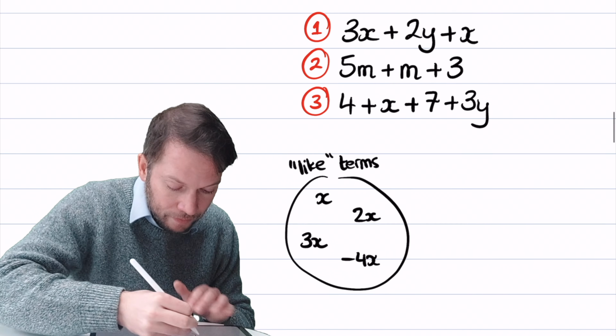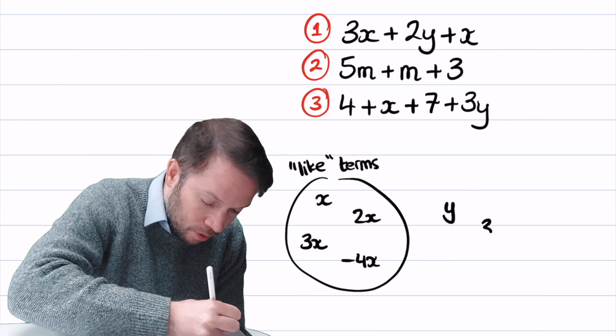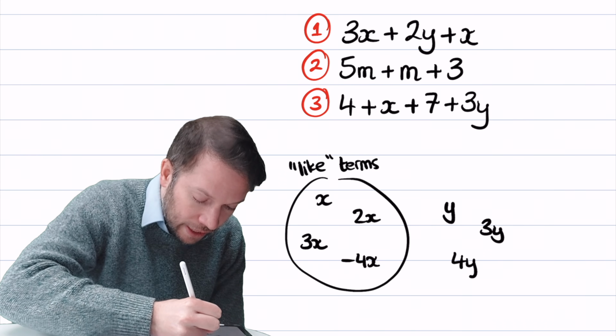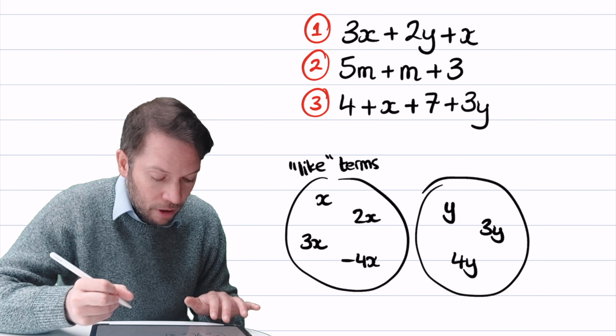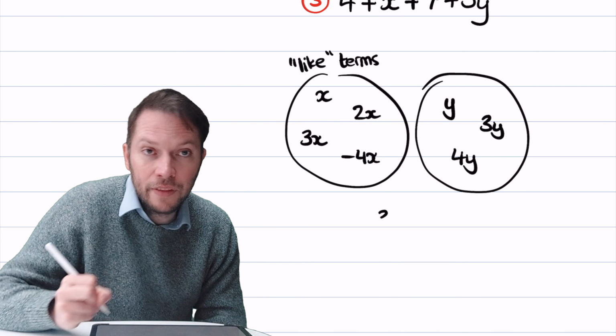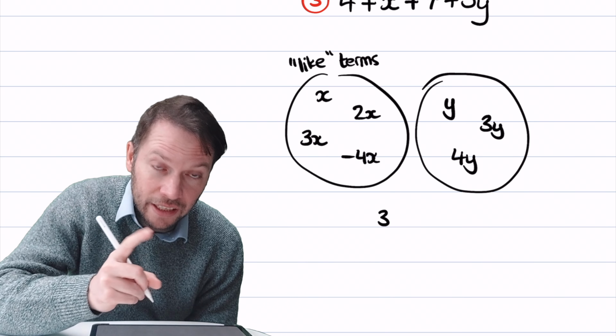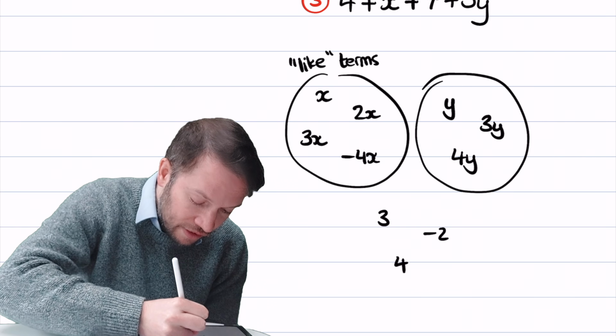Then if we had things in terms of y instead, so like one lot of y, three lots of y, four lots of y, these are like terms because they involve the same variable of y. And if you had no variable at all, so we had things like just 3, that doesn't involve a variable, it doesn't involve a letter, or we could have -2, or we could have 4. These are like terms as well.